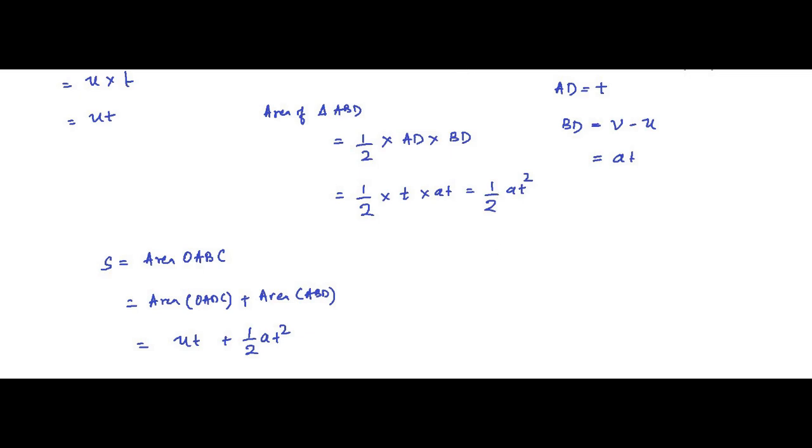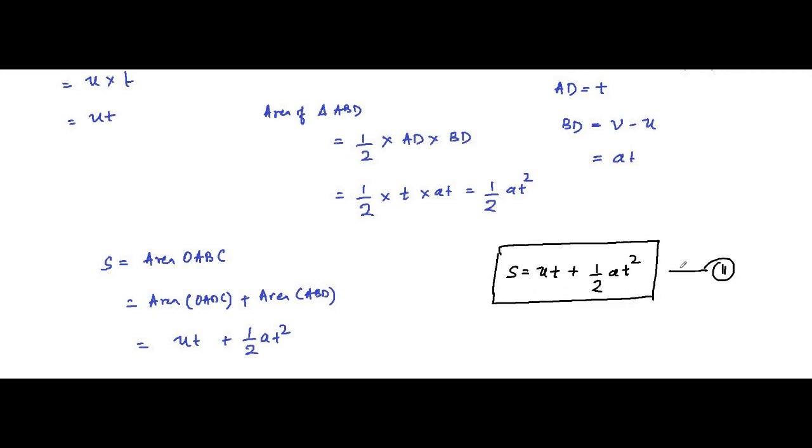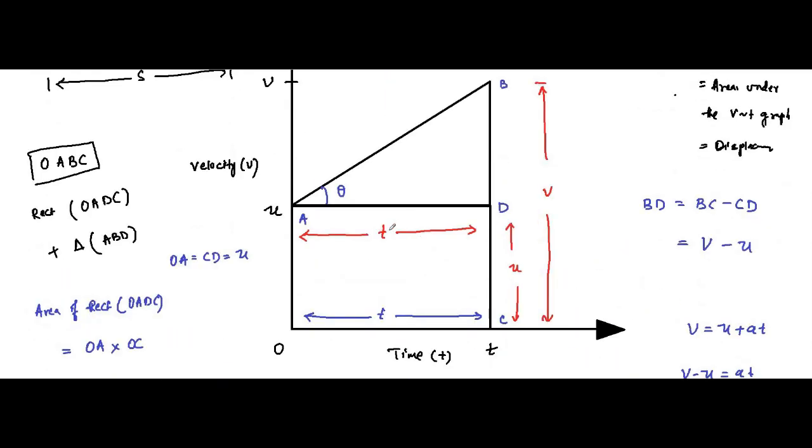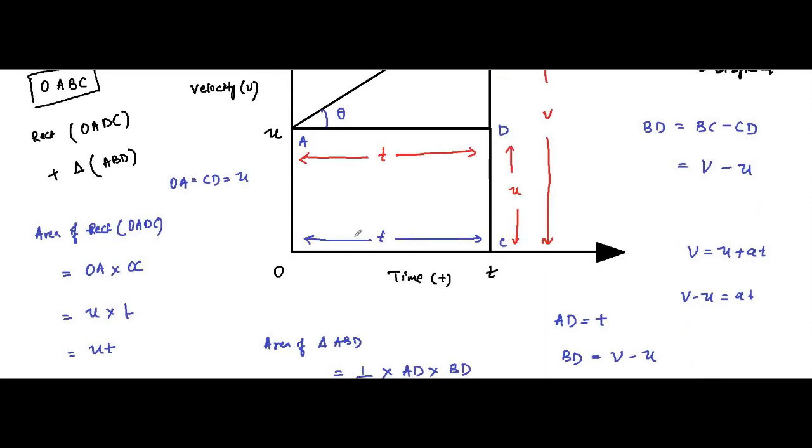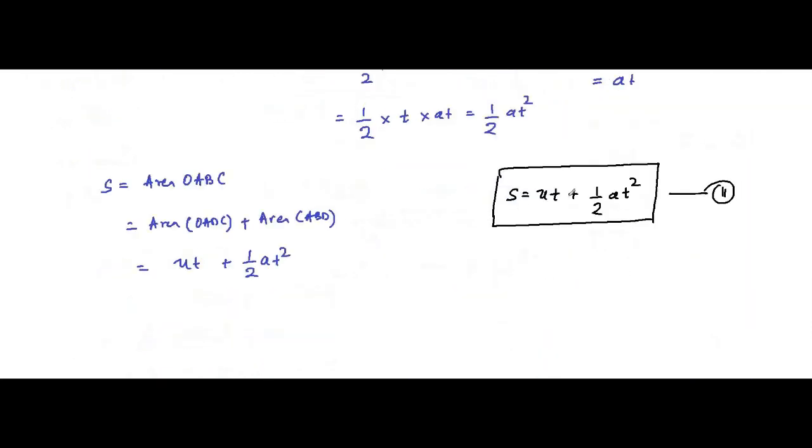So s is equal to ut, which is the area of the rectangle OADC, plus 1/2 at square, which is the area of the triangle ABD. This is the second equation of motion. So by graphical analysis of the velocity time graph, we can derive the equations of motion as we have done here, the second equation of motion.